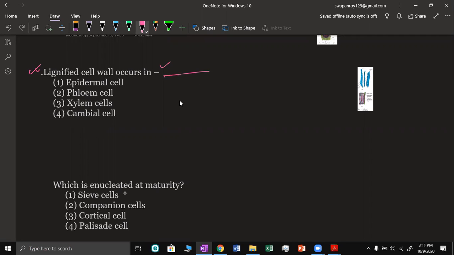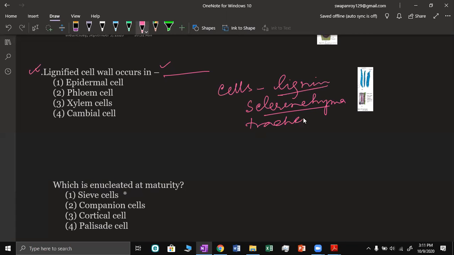The cells with lignin on their wall are sclerenchyma. Sclerenchyma is with lignin. Tracheids are with lignin, and xylem vessels are with lignin.